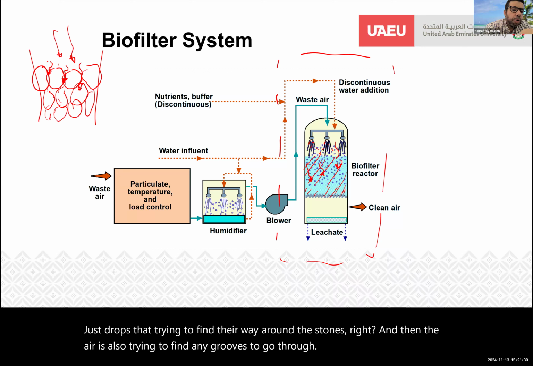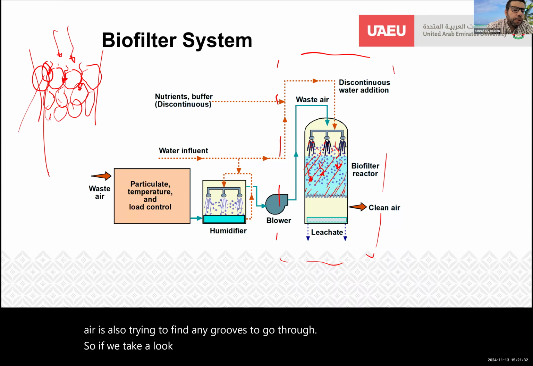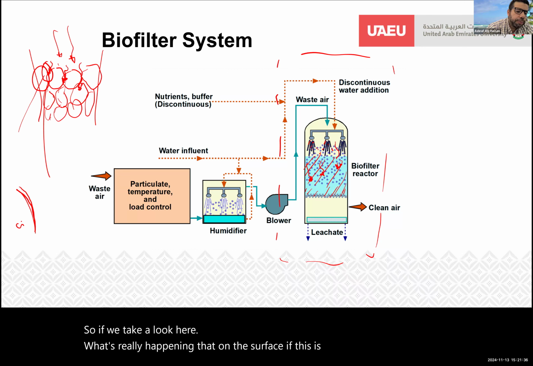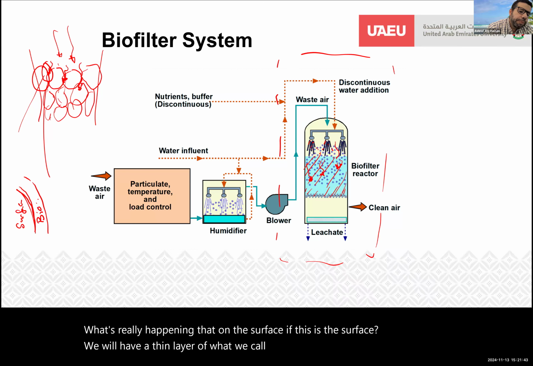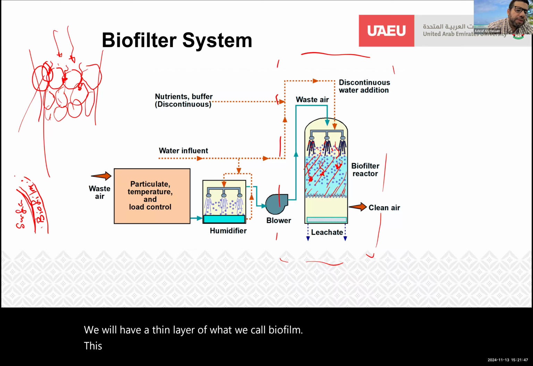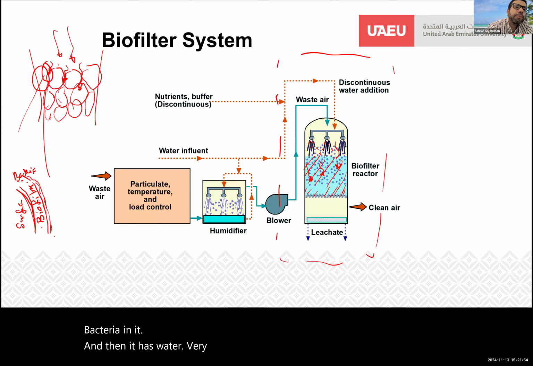So if we take a look here, what's really happening is that on the surface, if this is the surface, we will have a thin layer of what we call biofilm. This biofilm has bacteria in it, and then it has a very thin water layer on top of it.